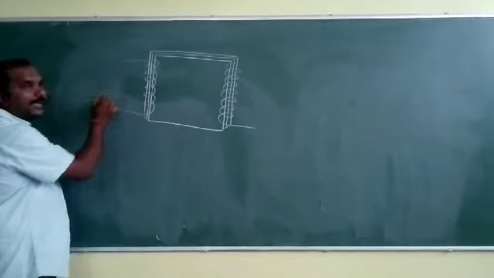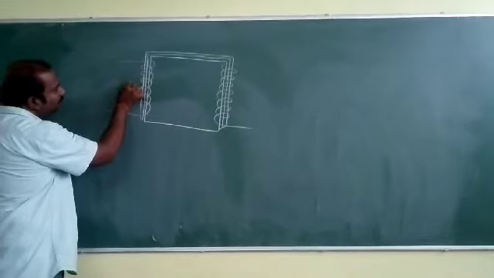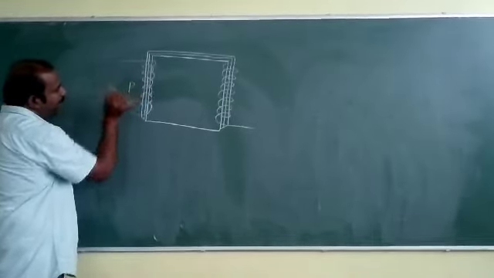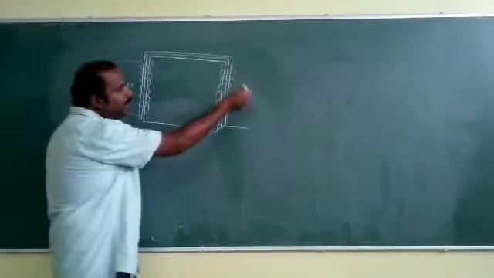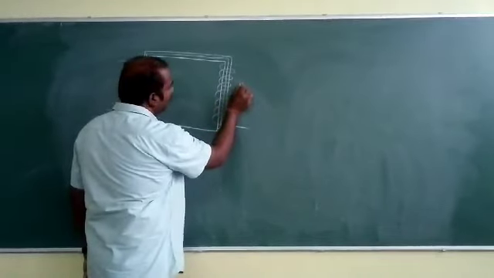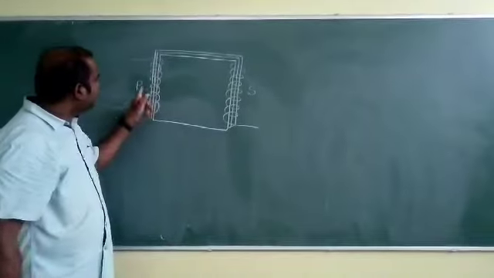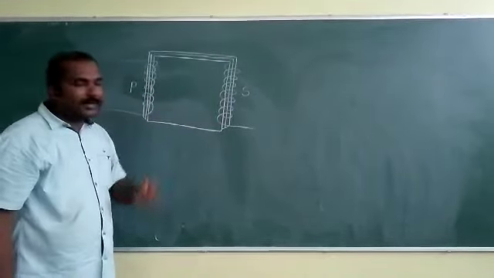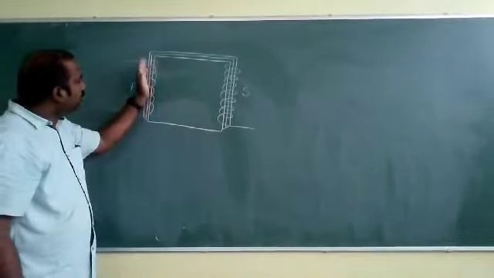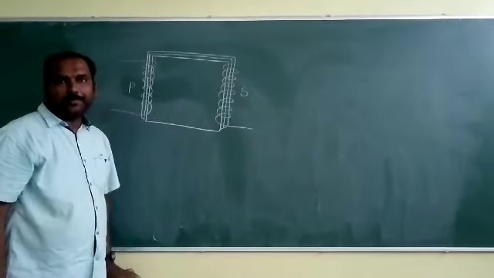From where we are getting the AC current, this coil we call the primary coil. From where the load is given, this coil we call the secondary coil. This is the primary coil and this is the secondary coil, and both are insulated from each other.